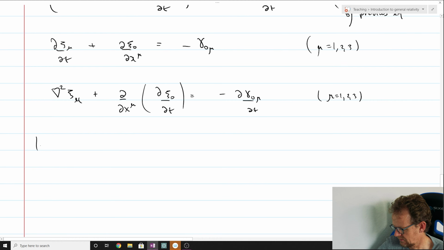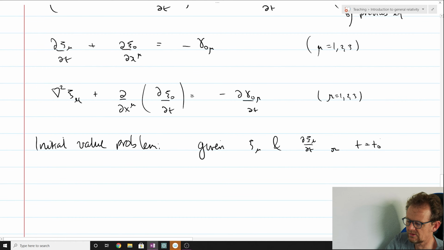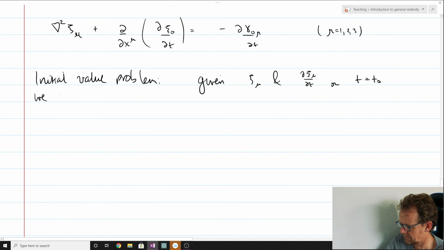So given psi mu and its time derivatives on the initial time surface, we solve for psi mu throughout space-time.